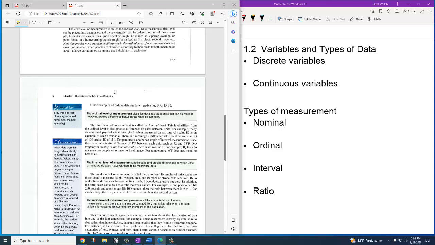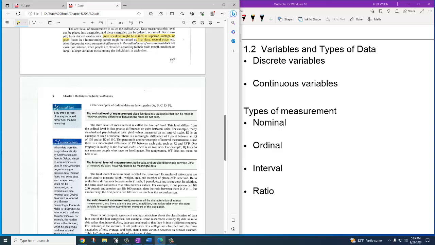Some examples of this might be from student evaluations. Guest speakers might be ranked as superior, average, or poor. Floats in the homecoming parade might be ranked as first place, second place, etc. But these things don't have a way to measure the difference.